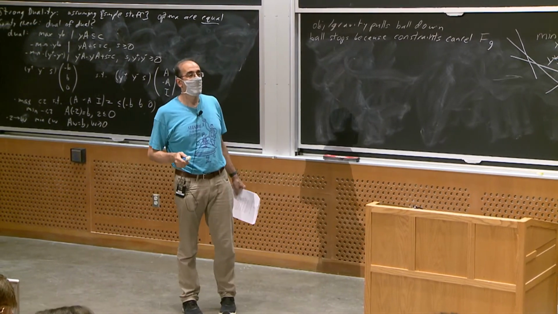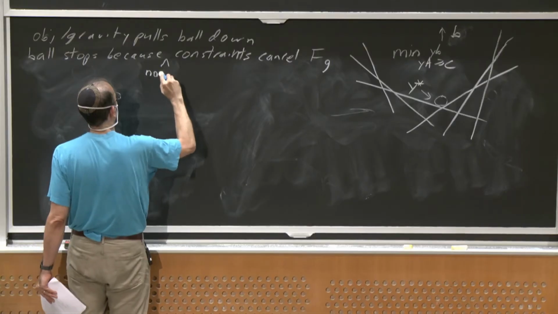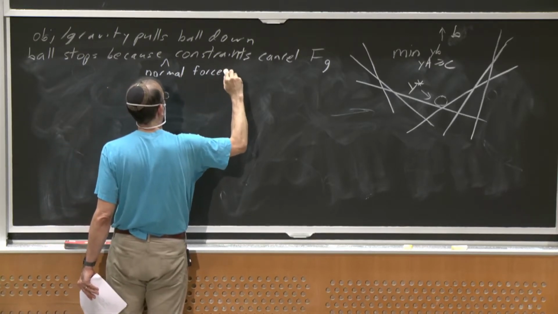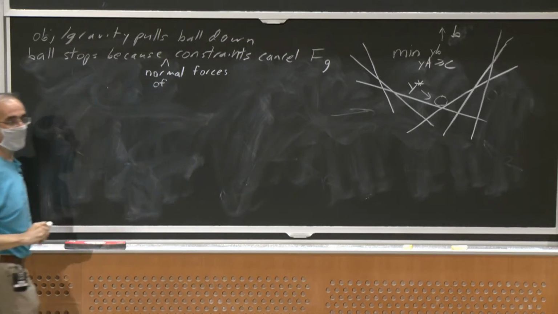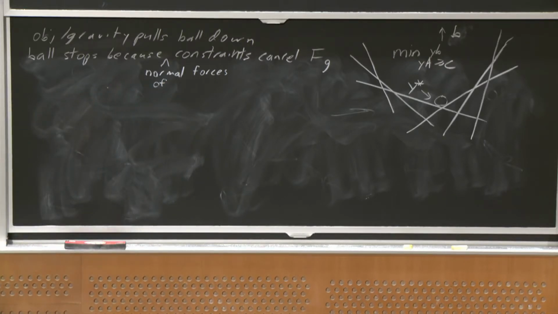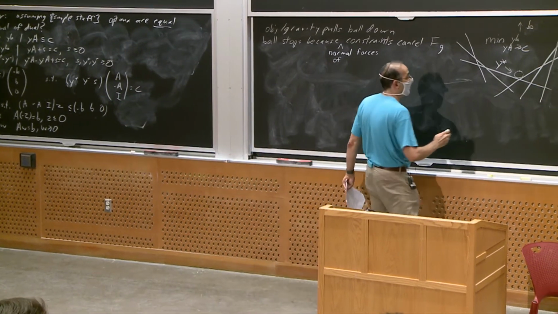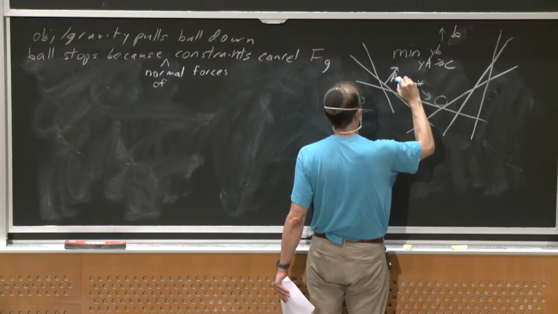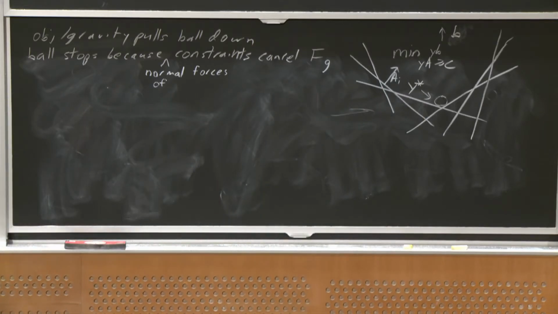Force? Exactly. Okay. So each constraint exerts a force that is normal to the constraint. If you think about it, each of these constraints is expressed by a column of the matrix, right?